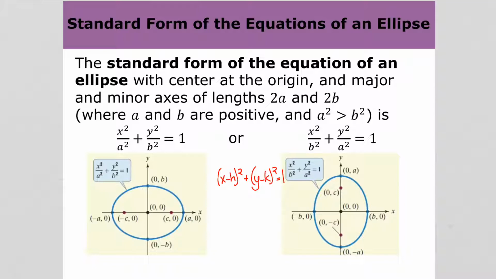So it had a center at (h, k), and then it was just a circle from there. An ellipse is different because it has a squared and b squared on the bottoms, depending on which direction it goes. And the a squared and the b squared are distances from the center to the vertices.